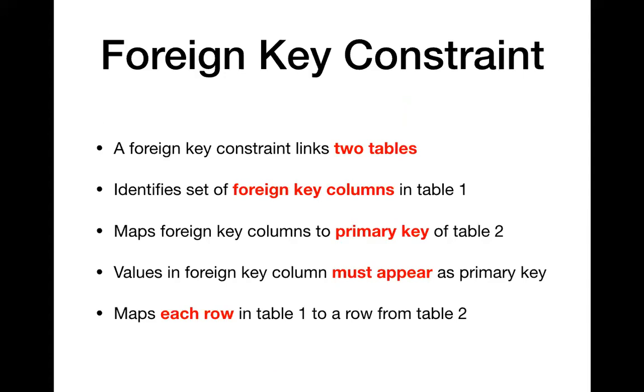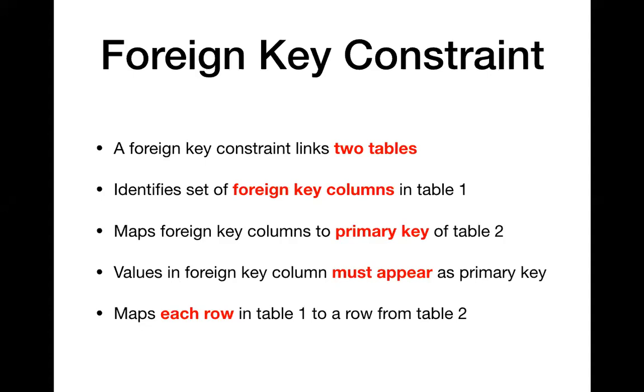The semantics is that you are essentially stating that any value combination that appears in the foreign key columns must also appear in the primary key columns, because you are linking each entry in the table with the foreign key to one entry in the table with the primary key. So if we fix the values in the foreign key columns, then that should narrow it down to one single associated row in the table with the primary key constraint.